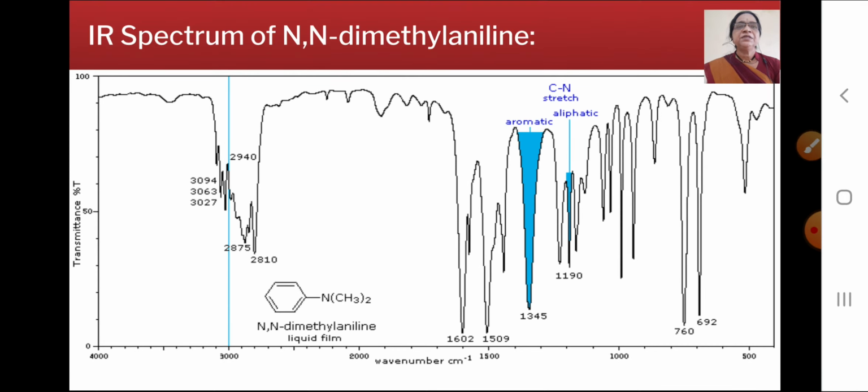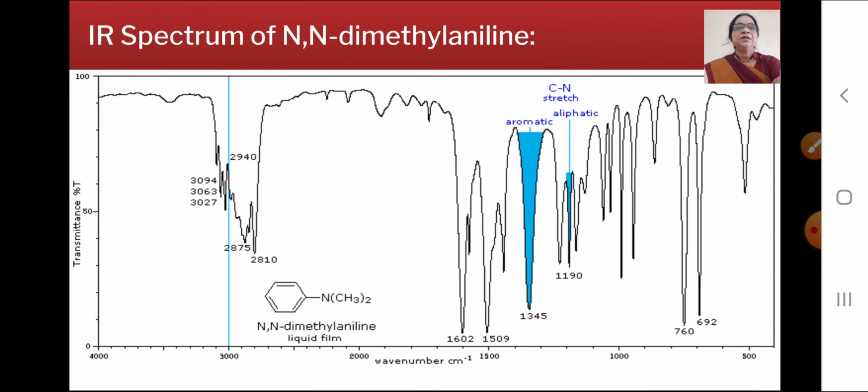Now next you will see the IR spectrum of N,N-dimethylaniline. Here the nitrogen is tertiary, that is the amine is tertiary, and it does not show any absorption band in the 3300 to 3400 per centimeter position, which indicates the presence of the tertiary amine group.